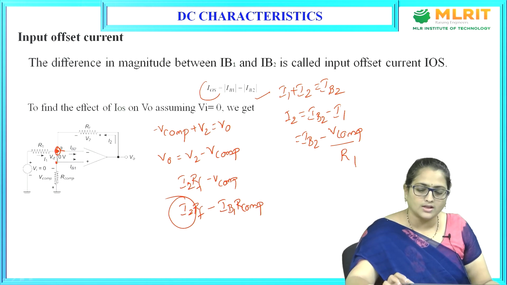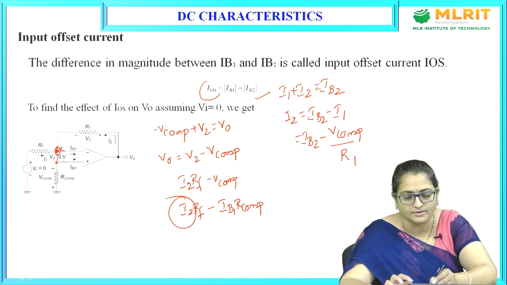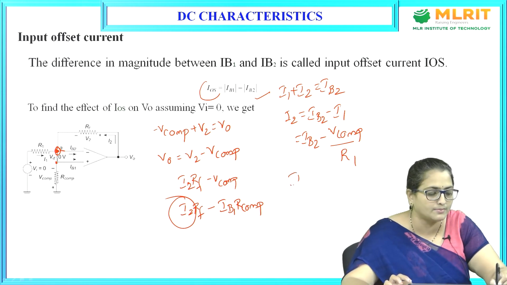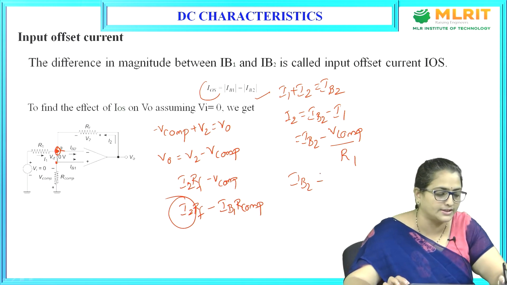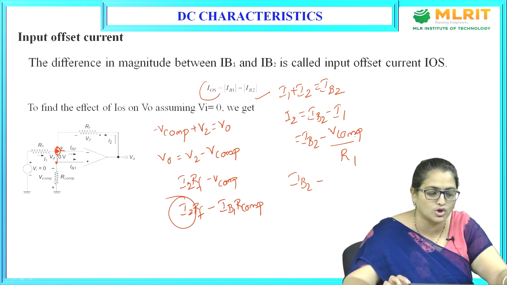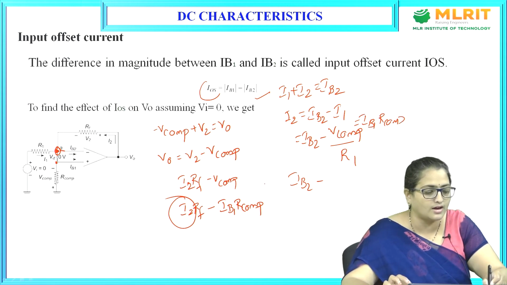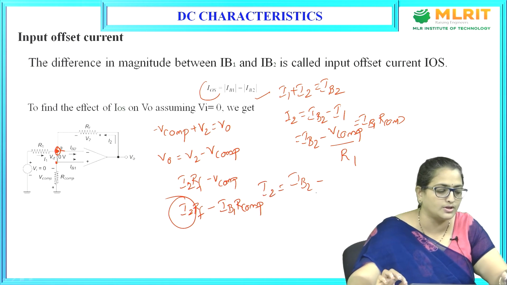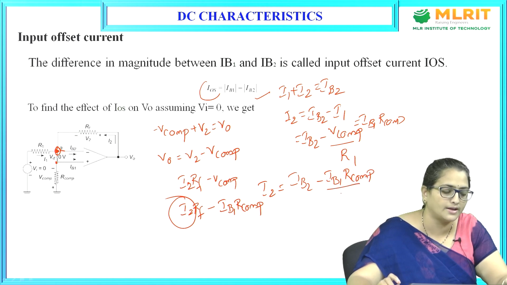And now, coming to this V compensator, you can write V compensator here from this arm. V compensator can be given as IB1 into R compensator. So, by substituting V compensator as IB1 into R compensator, we can write I2 is equal to IB2 minus IB1 into R compensator divided by R1.